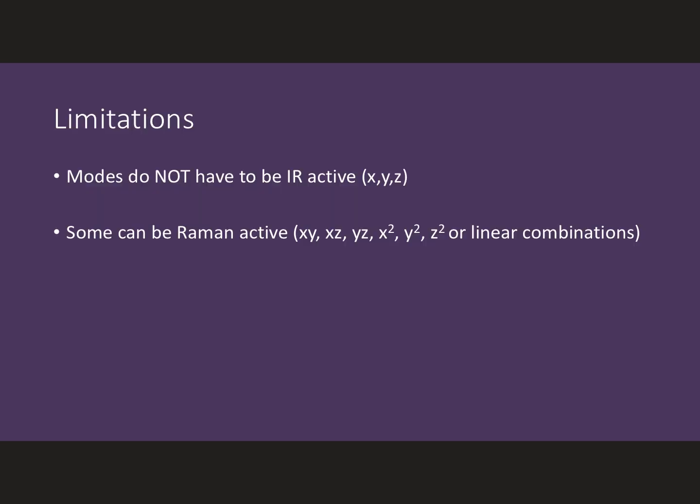There is another way to learn about vibrational modes, and that is through Raman spectroscopy, and we'll talk about that in another video. But basically, to be Raman active, it has to have some combination of these symmetry functions. Basically, these were the d orbitals as we labeled them earlier, but these transform the same way as Raman activity, and we'll talk about what that means in another video.